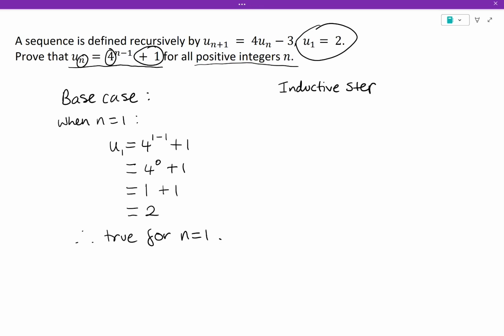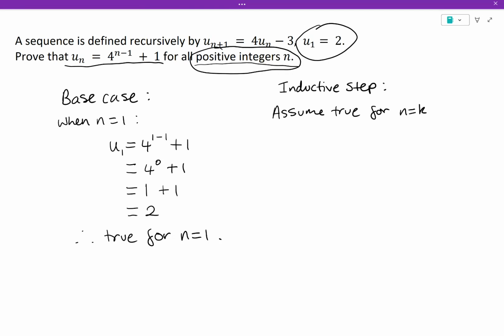So this is the step where we are going to assume that our closed form solution here is true for some positive integer that we're going to call k. So I'm going to write assume true for n equals k. And k must be a positive integer like n.